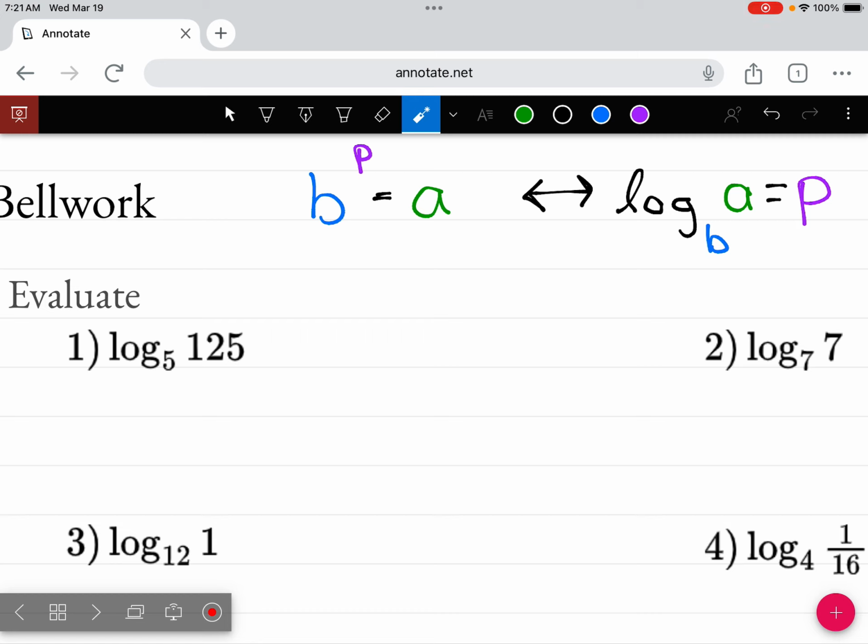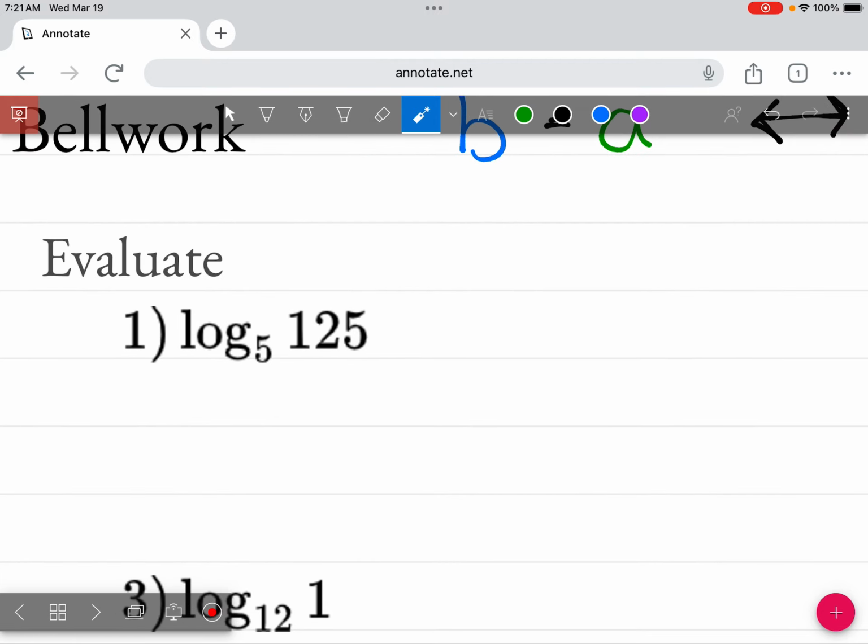So on these ones, the easiest way we've got to do it is to switch it back to our exponential form and use a little bit of logic. Because what we have here on our first one is that our base is what? 5.